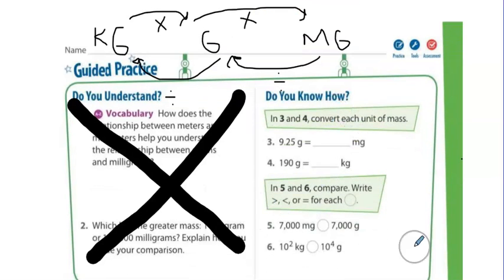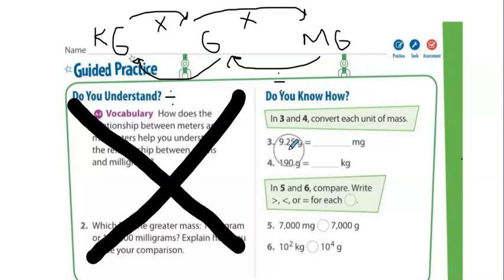So looking at number 3, we're going from grams, so we're right here in the center, to milligrams. So we are going to be going from grams to milligrams, so we're going to be using multiplication. And remember, you're multiplying by 1,000 each time, which means we're going to either be moving our decimal if we have one 3 times, or if it's a whole number, we're going to just be adding zeros on to the end.